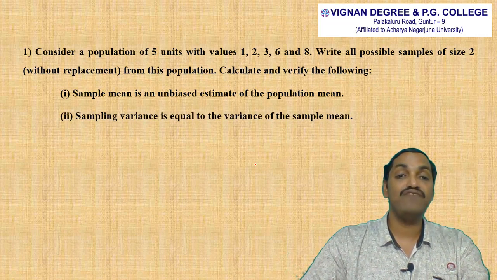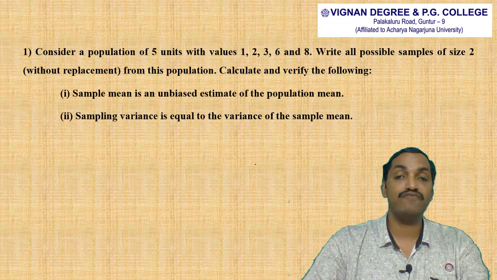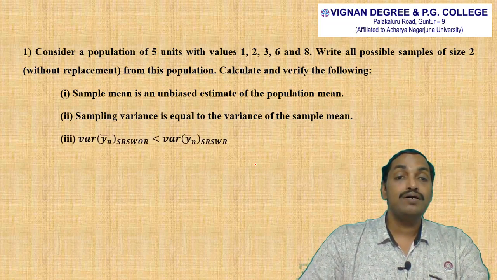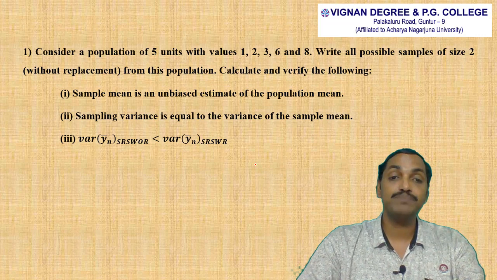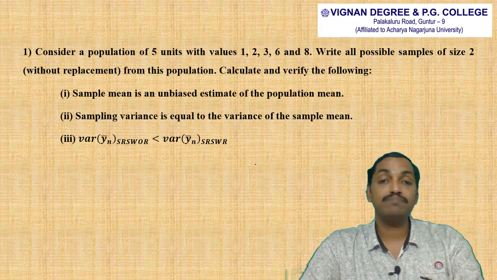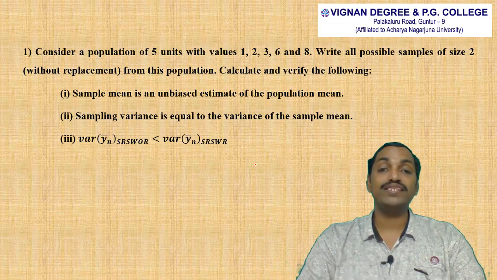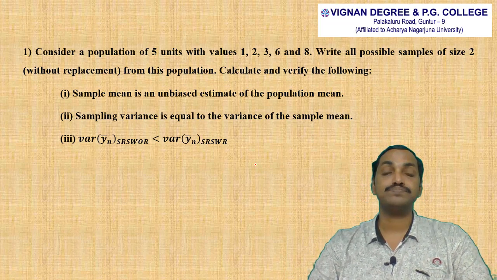Second one is, sampling variance is equal to the population variance of the sample mean. Third one is, variance of y n bar in simple random sampling without replacement is less than variance of y n bar in simple random sampling with replacement.